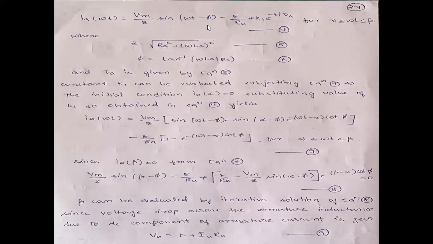So we can expand sine(omega t minus phi) as sine(omega t minus phi) minus sine(alpha minus phi), putting alpha in the place of omega t, and we get the exponential form e power minus (omega t minus alpha) cot phi, minus E by RA times 1 minus e power minus (omega t minus alpha) cot phi.